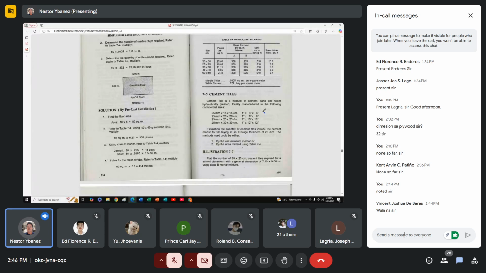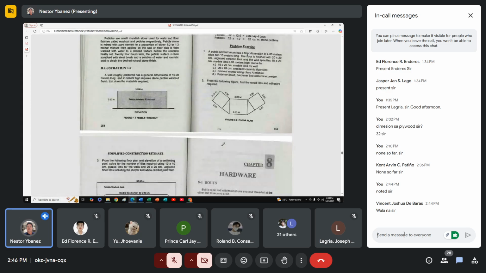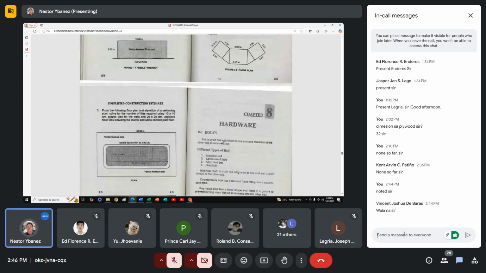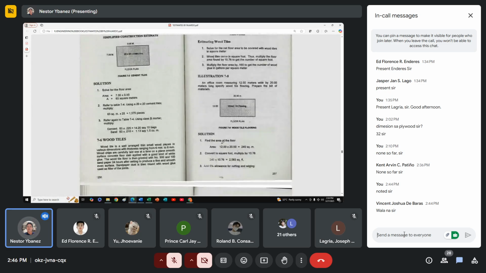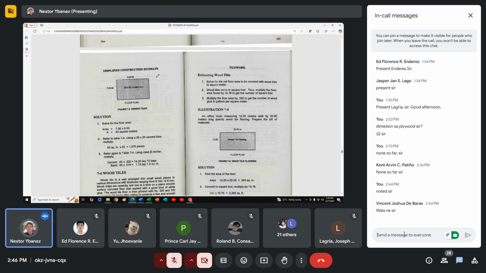So, dili na siya available, pero ang important is area. Area to be covered with tiles divided by area of one tile.